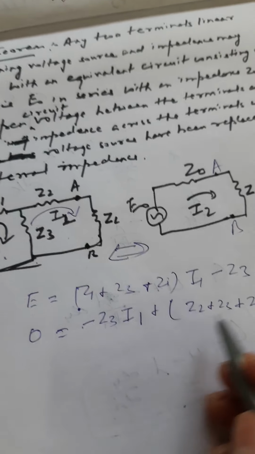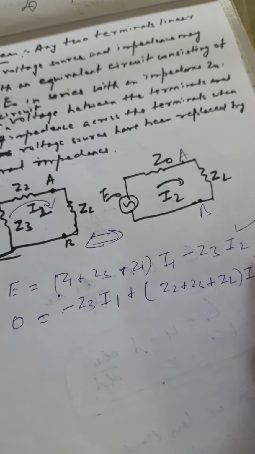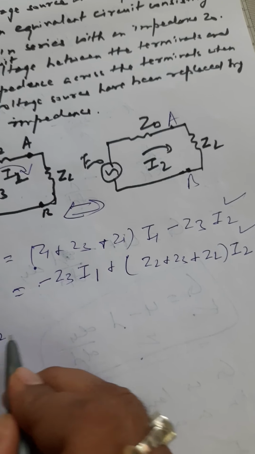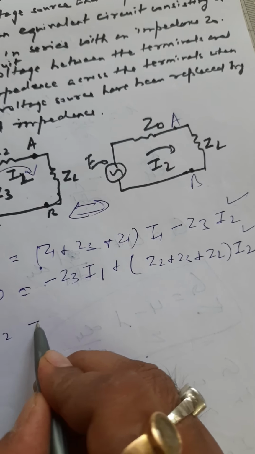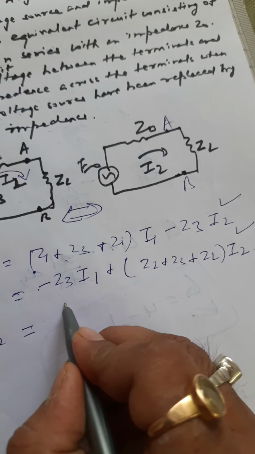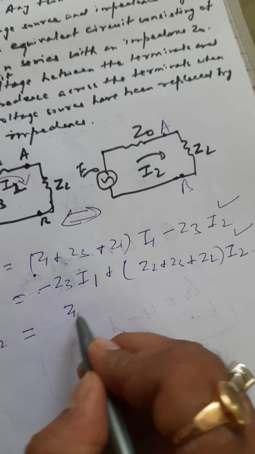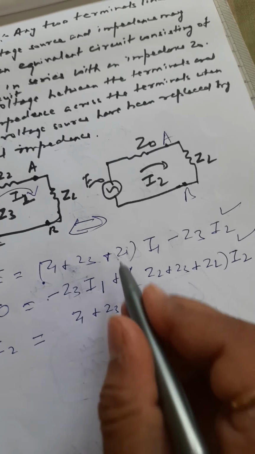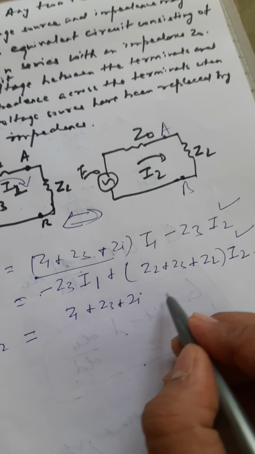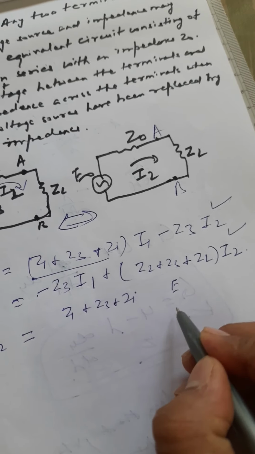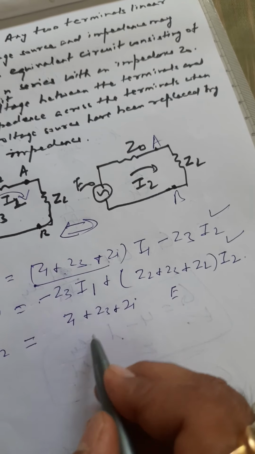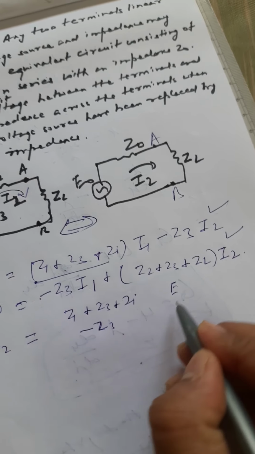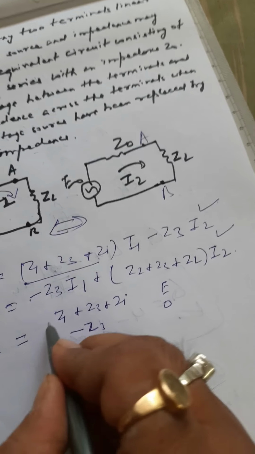So we'll solve for I2. Again using Maxwell's method or by Cramer's rule, we can find the value of I2 as: the determinant with E and Z1 plus Z3 plus Zi, and then minus Z3, and E and 0.